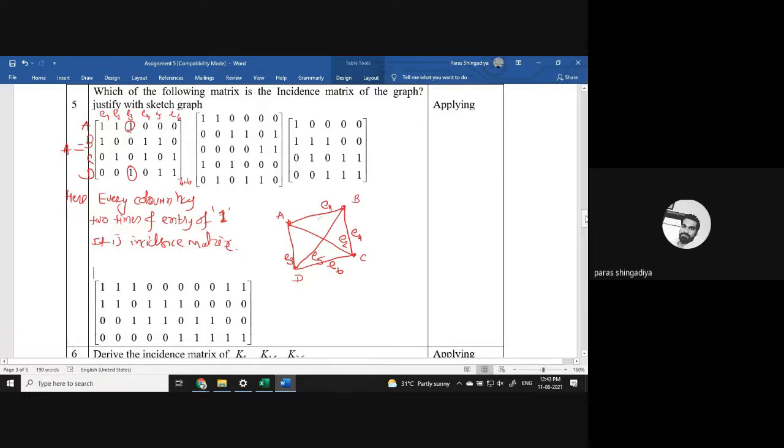So one more matrix, also try for this one. Fourth one. Okay, it involves 4 vertices and 10 edges. Okay, so just check it.